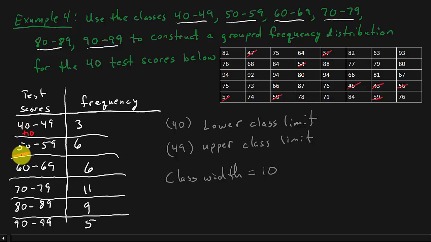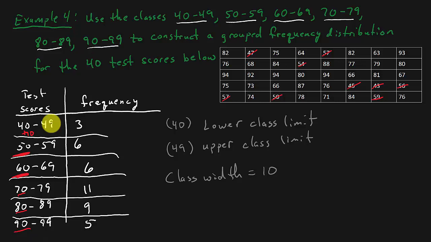Then you add 10 to that, that gives you the lower limit of the next class, and so on, all the way down. And then you can fill out your upper class limits. If the next lower limit is 50, then the class goes from 40 to 49, and so on. Okay? And that's creating a grouped frequency table.